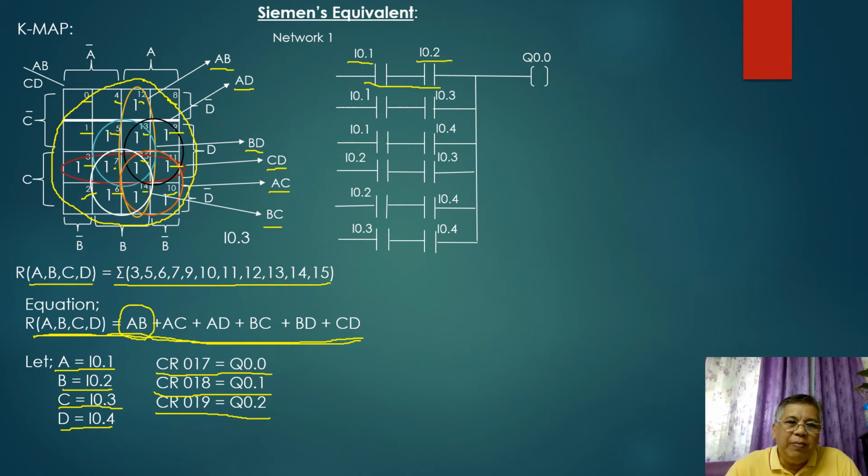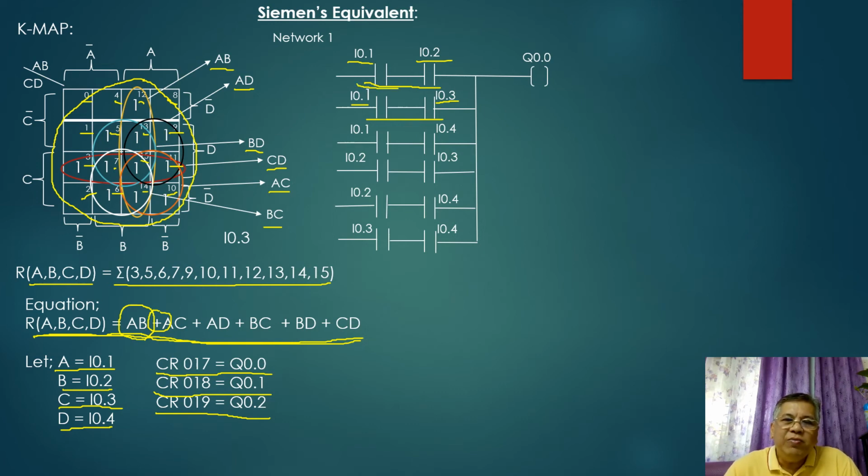And then you have plus, meaning you use the OR gate for the plus sign here. Meaning you have to connect A, which is I0.1, and C, I0.3, in series form to be connected in parallel with AB.